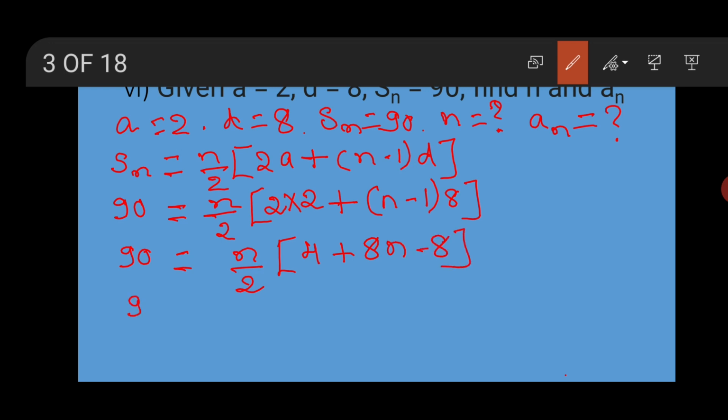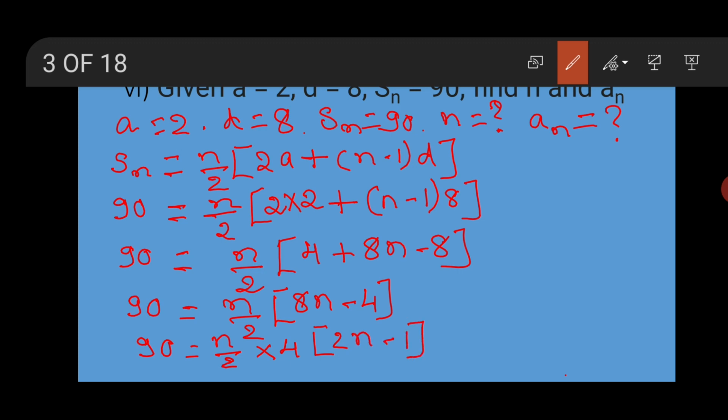Now, 90 is equal to n divided by 2 into 8n minus 4. Here we will have a common term for 8n and 4. The common factor is 4. Take it outside, so 2n minus 1 remaining inside the bracket. Now simplify this. 2 ones are 2, 2 fours are 8.